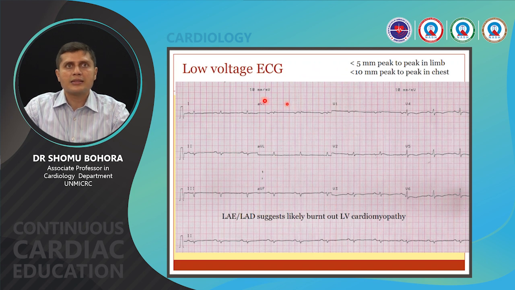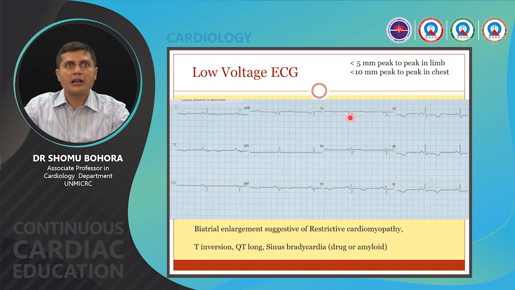If you see this ECG, less than 5 millimeters peak to peak in the limb leads and less than 10 millimeters in all of the chest leads suggests a low voltage ECG. Here the P wave voltage has not decreased, and there is a left axis deviation and left atrial enlargement, which suggests that this is likely an LV cardiomyopathy.